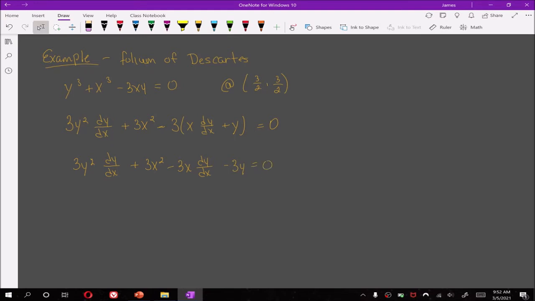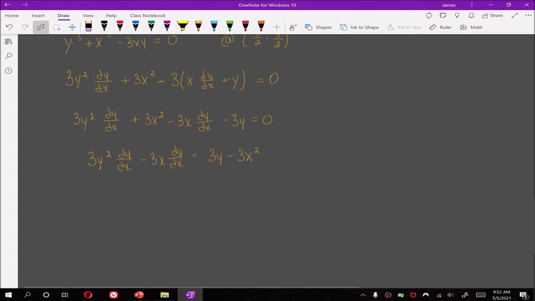Now what we want to do is move all of the terms that do not have a dy dx over. So we're going to move this 3x squared and this 3y over to the other side. We can now factor out that dy dx from the left-hand side.